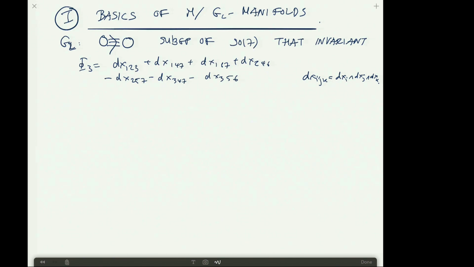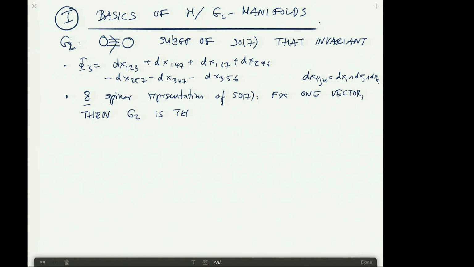Another way of saying this is the automorphism group of the octonions, but perhaps for us the most relevant thing is that it is the group that, for the 8 spinor representation of SO(7), if you fix one vector in it, then G2 is the subgroup that leaves that invariant.